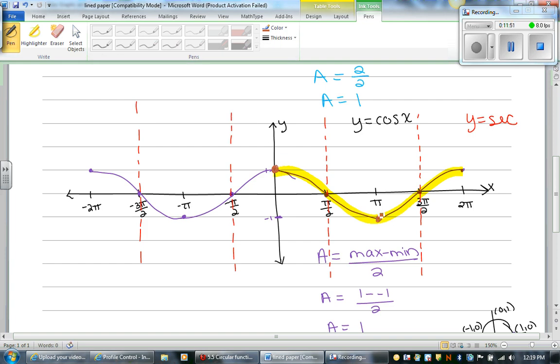Everywhere you have a minimum, you're going to have a point. Same kind of idea. Same general look. Again, it's simply a shift of 90 degrees, a translation. Okay? And there's secant.